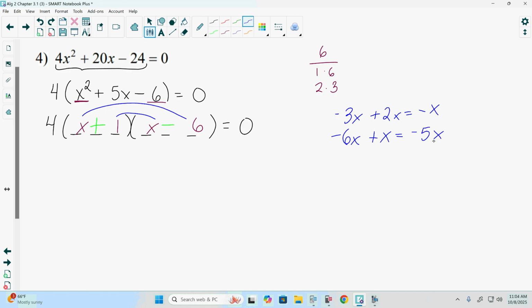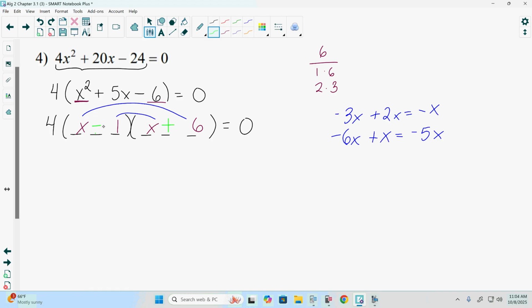So we can switch 6 and 1, or we can switch the plus and minus. Either one works for this here. So if you switch the 6 and 1, that'll work. If you switch the plus and minus, that'll work. Part of the reason we can switch the 6 and 1 here is because the numbers in front of x are both 1. Yeah, they're both the same. When we have the same x's, if it was 2x, 2x, 3x, 3x, they're the same, we can switch the 1 and 6 nicely.